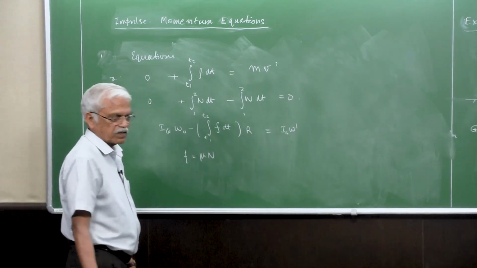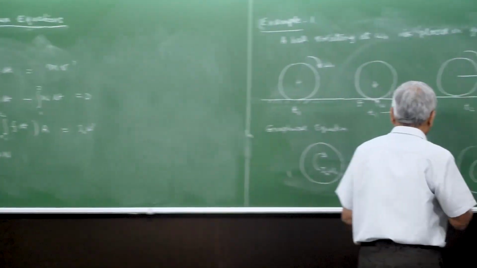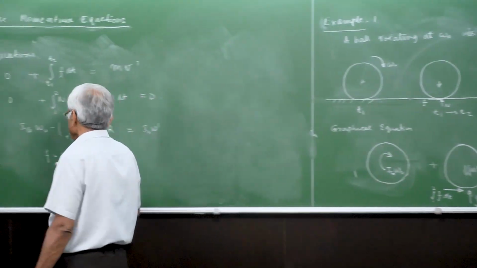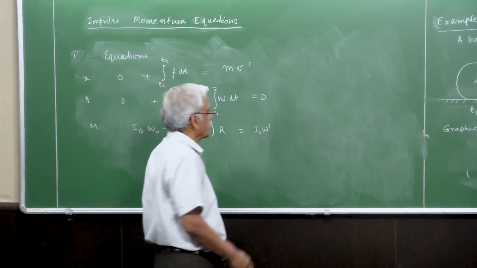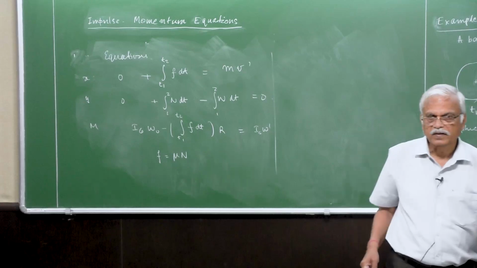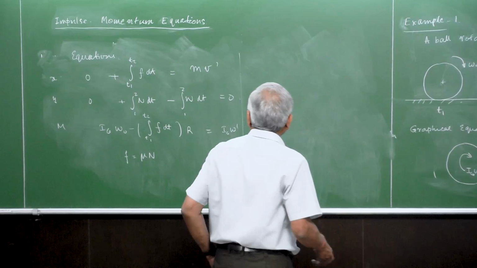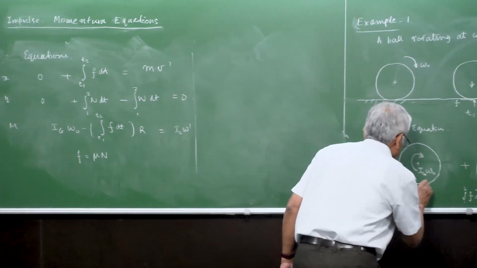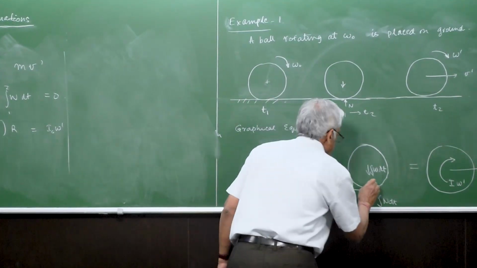So this is the constraint equation. Constraint in the sense that the interaction between the ground and the cylinder is a generation of friction which is equal to mu n. So again, the same kind of equations as for the rolling.